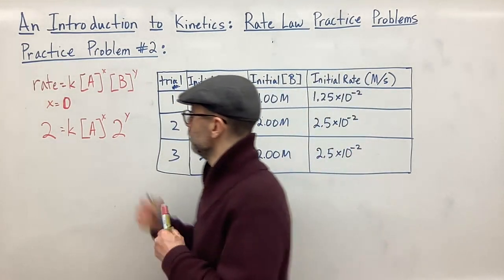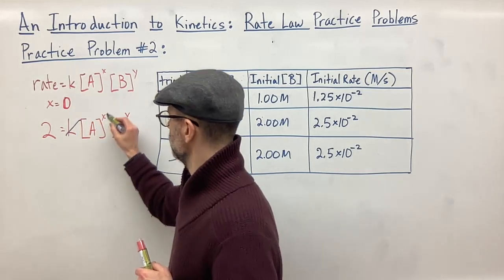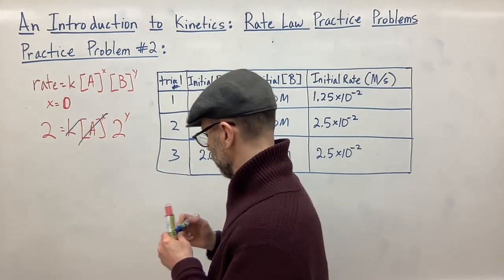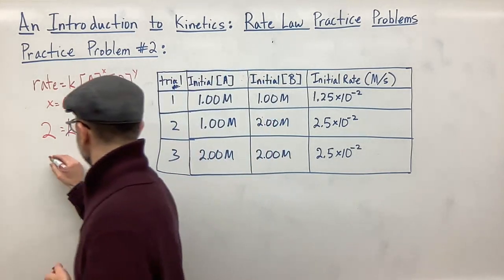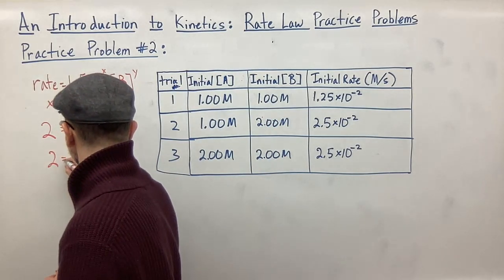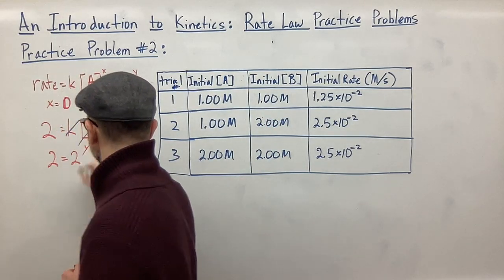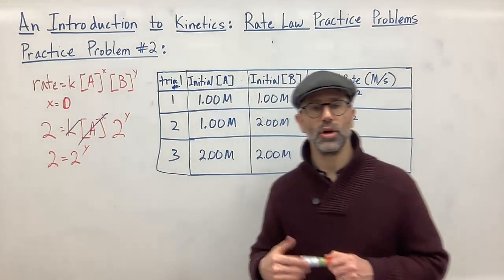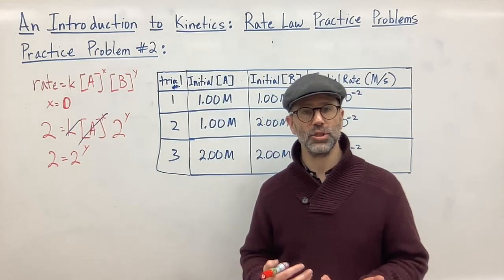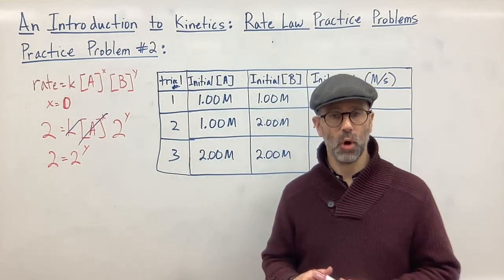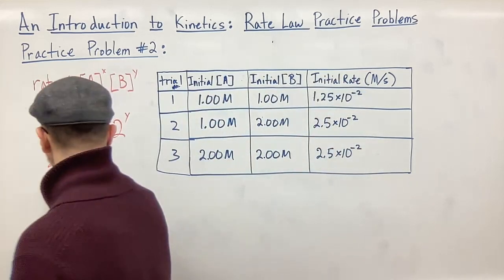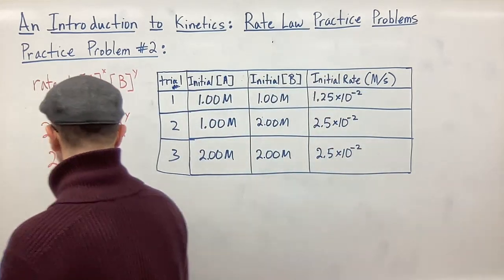Once again, k is constant and A is constant, so we get rid of those. And so we get 2 is equal to 2 to the y. In order for 2 to the y to be equal to 2, y has to be 1. So y is equal to 1.